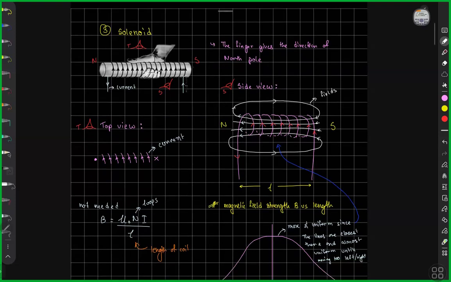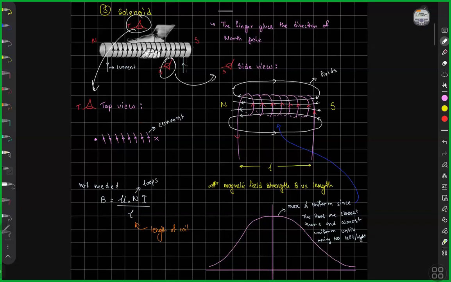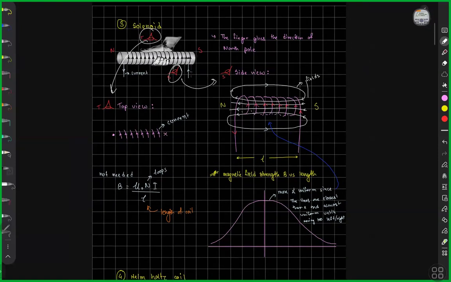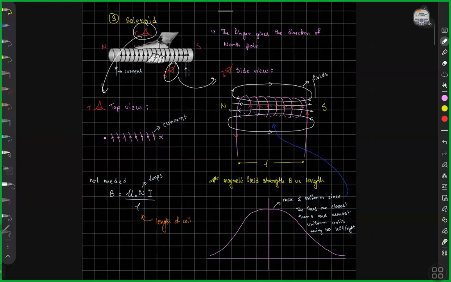Very good. Let's take a bunch of views. Top view, side view. Good. I have the side view over here. Now with the side view, I'm looking at it from the side. What I can see is a bunch of wires, the coil, and you see the field line.